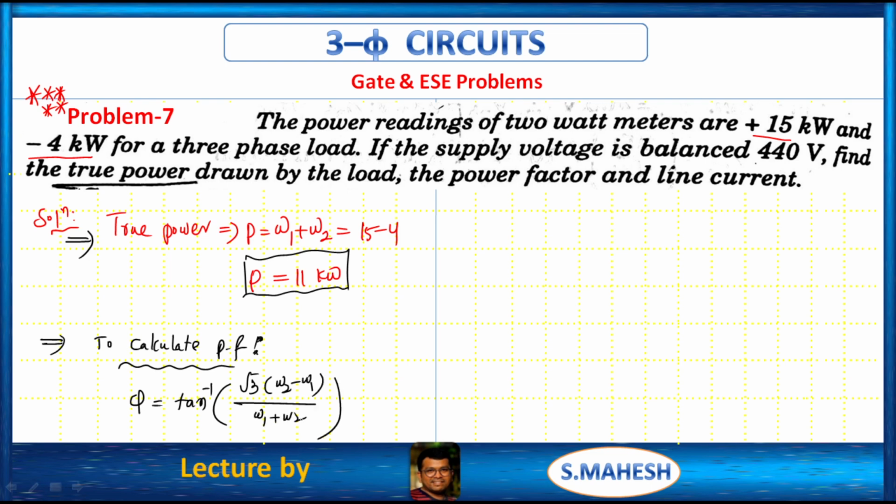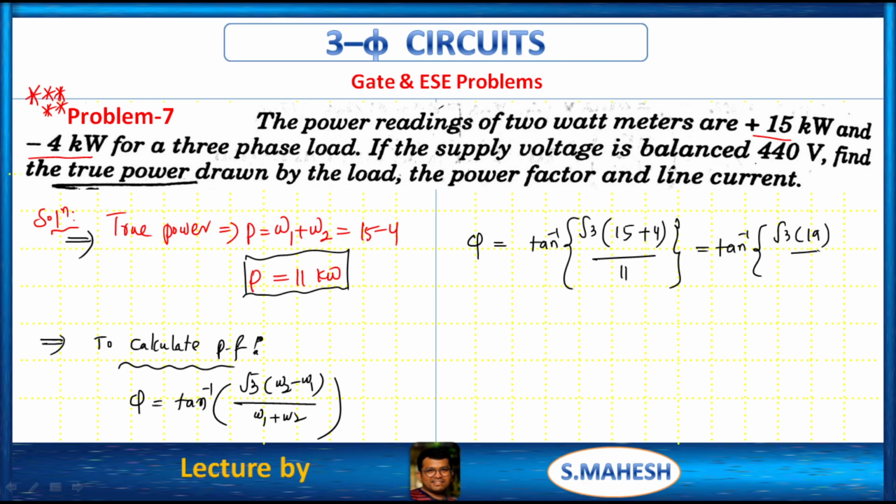So phi is equal to tan inverse root 3 times 15 plus 4 by 11. That's it, root 3 into 19 by 11.